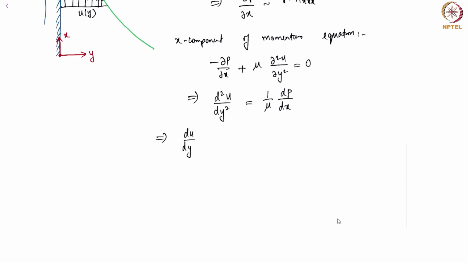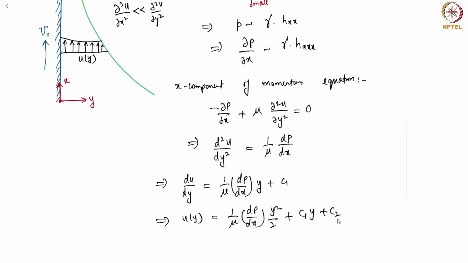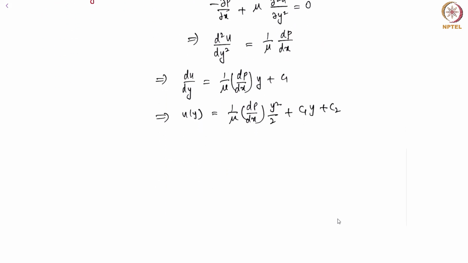If I integrate it once, and integrate twice, I've got the velocity profile. The velocity profile is not constant, but it's a parabolic shape. Now we have to satisfy some conditions to determine these constants. The first condition is at the wall, at y equal to 0, the velocity is u0.